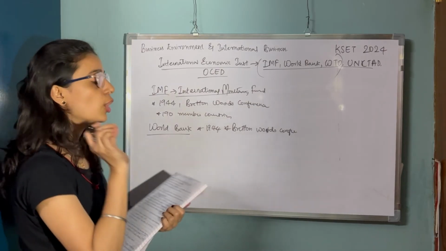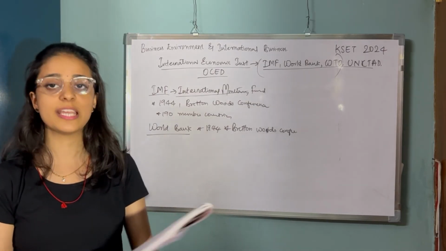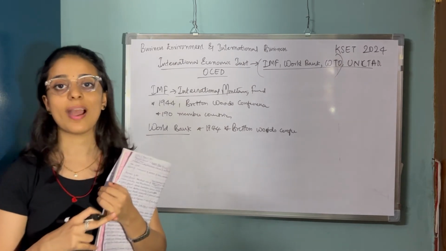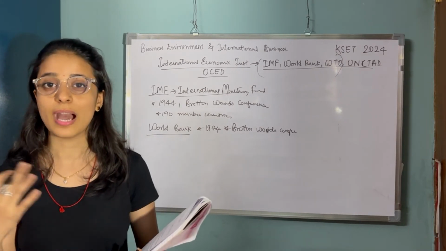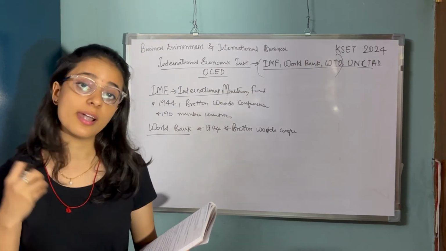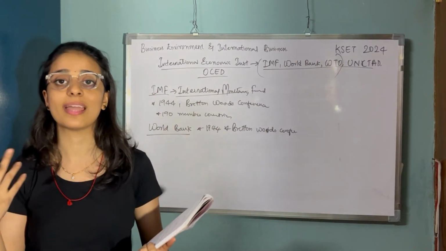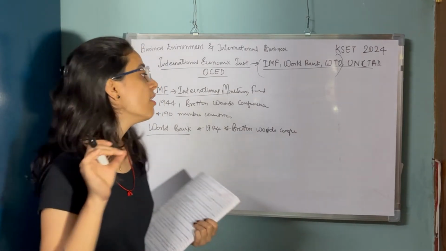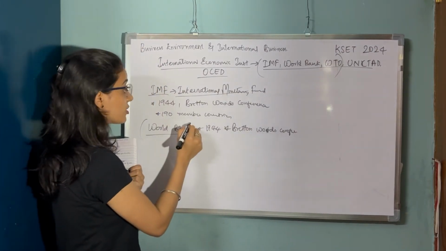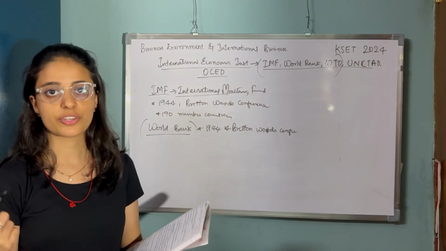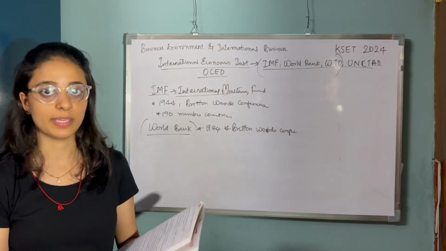It provides long-term capital for countries for development and growth. The member countries which are underdeveloped and are requiring funds for reconstruction, for such countries, World Bank helps with reconstruction and development of growth and economy, right?